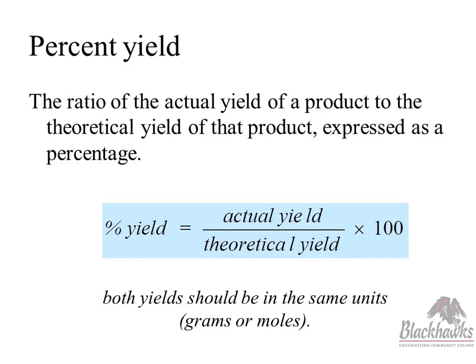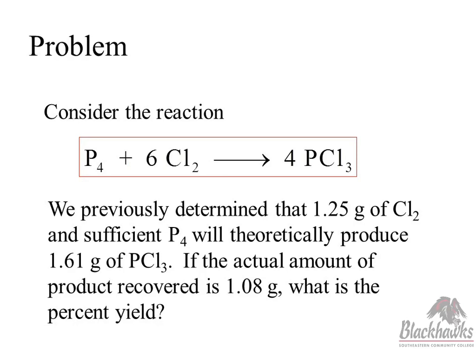And in the bottom, you put your theoretical yield, what you got based upon a stoichiometric calculation. I bet you know what I mean when I say stoich calculations. Notice it can be either in grams to grams or moles to moles.